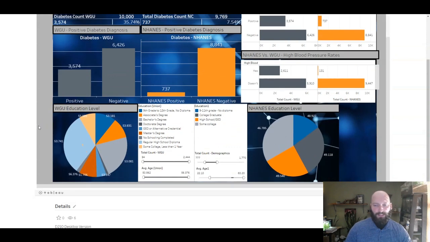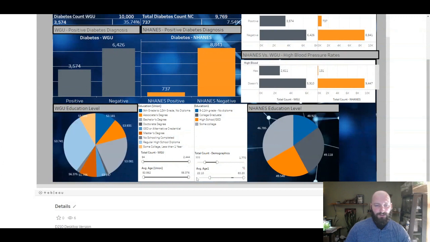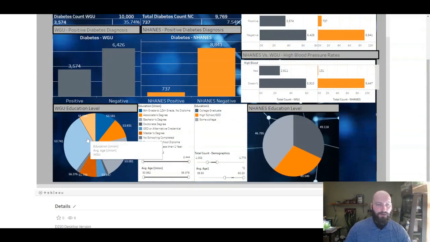So those could be actionable metrics for executives. And for filters, if you want, you can filter the total number of responses and also look independently at specific average ages. And you could do the same over here.